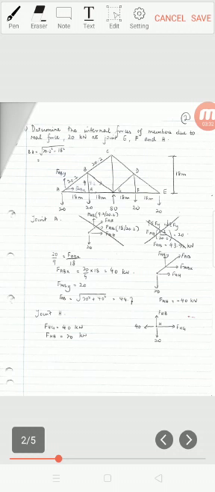So we put all the reactions at A and at G together with the applied forces.